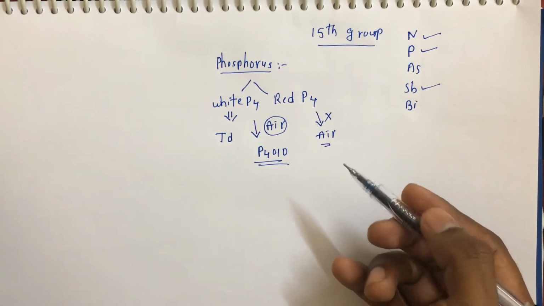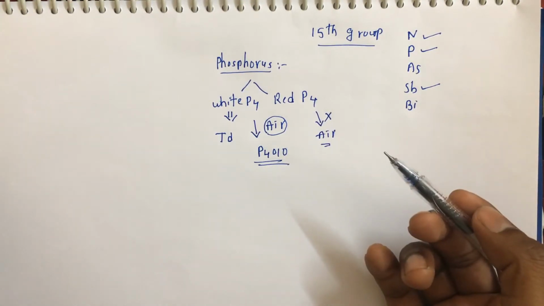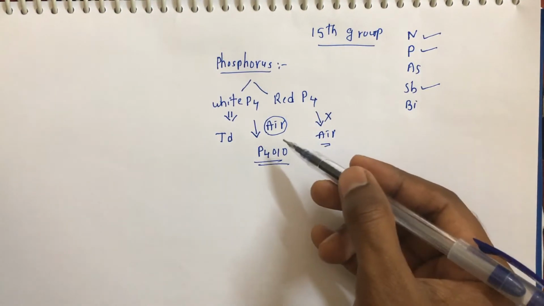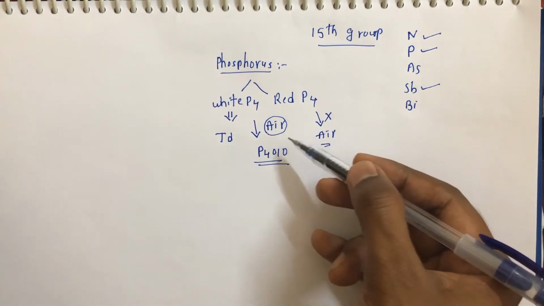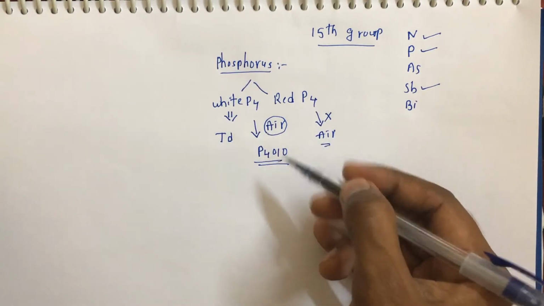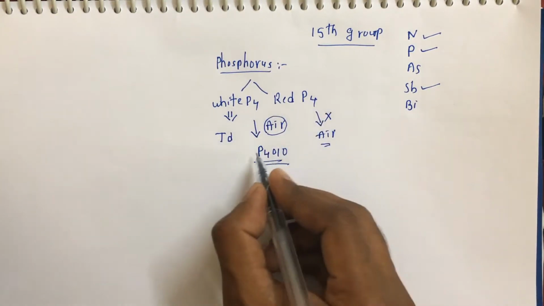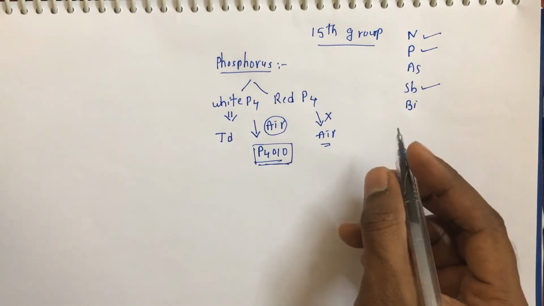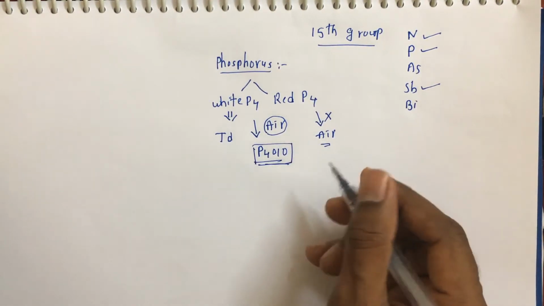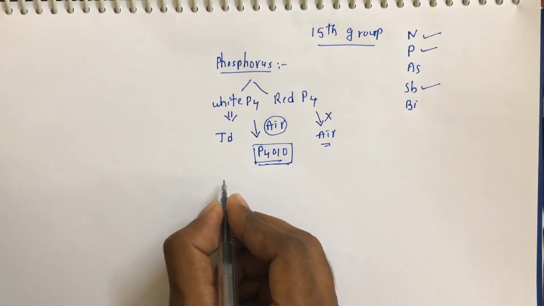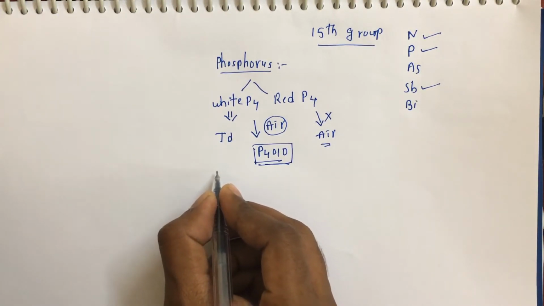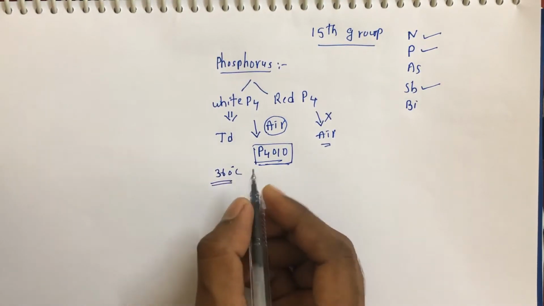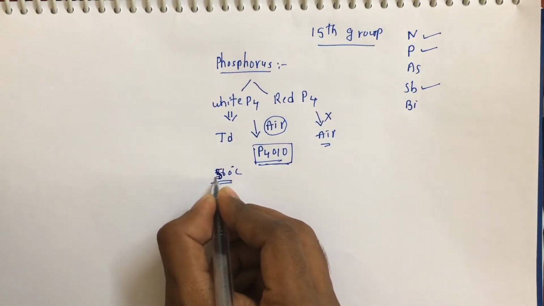They may ask in the examination which phosphorus forms P4O10 upon treatment with air. We can simply go for white phosphorus, and the structure of P4O10 is also very important, so we'll discuss that later. This white phosphorus is highly stable up to around 560 degrees.